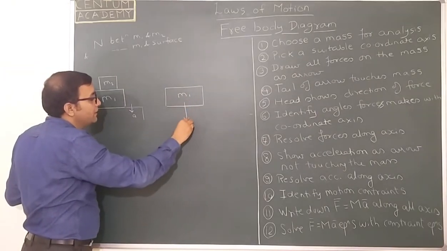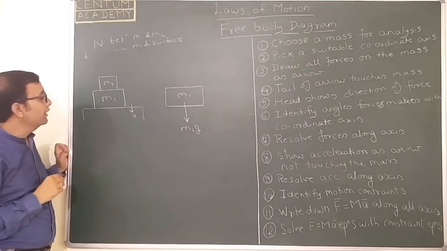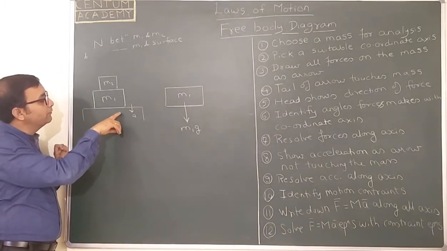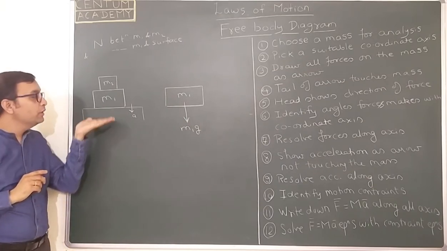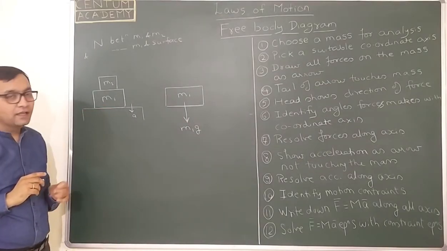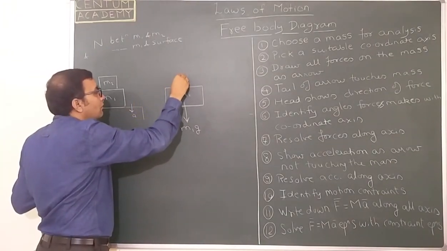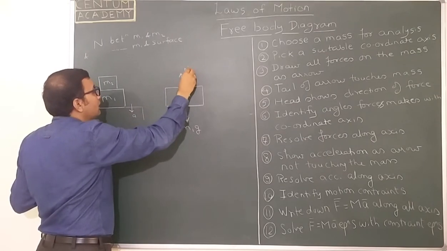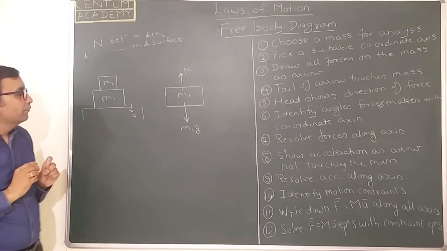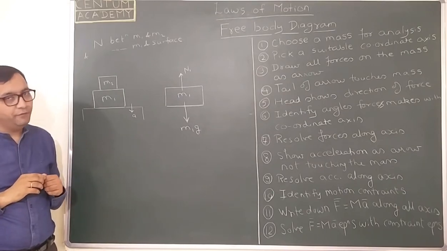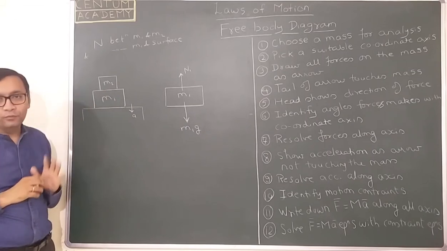So this is m1. Now what are all the forces? There is m1g like this. Okay. There will be a normal reaction from the surface on m1. Which direction will it be? It will be normal to both m1 and the surface, and it will be a push. This will be, suppose, n1. Okay. Now any other force that we have missed? There is another contact surface, m1 and m2.